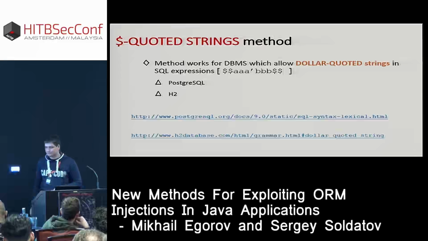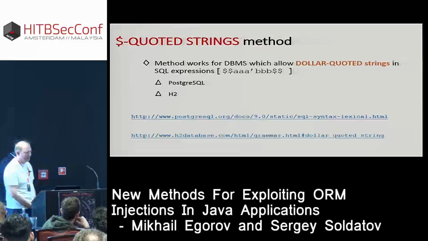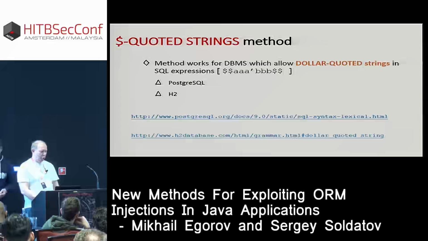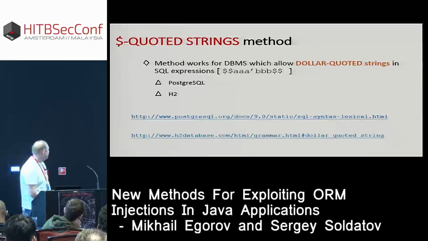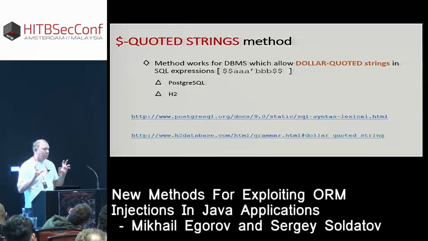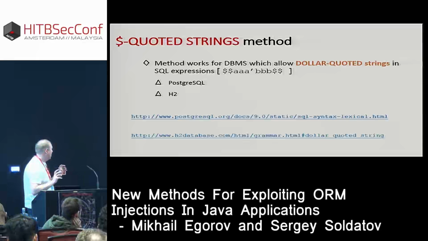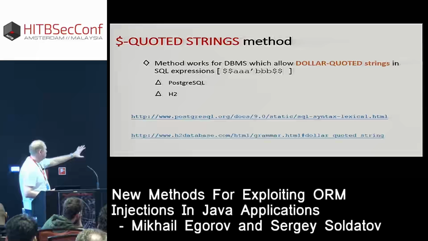Another interesting technique, which we called the dollar quoted strings method, was made possible for us by PostgreSQL and H2. It's worth noting that these two database management systems allow dollar quoted string constants. So on the slide you can see the string dollar dollar AAA quote BBB dollar dollar.